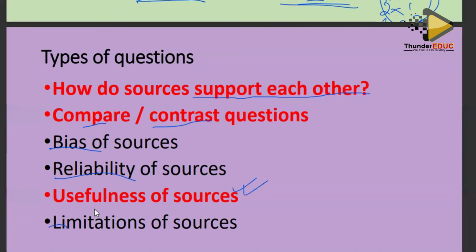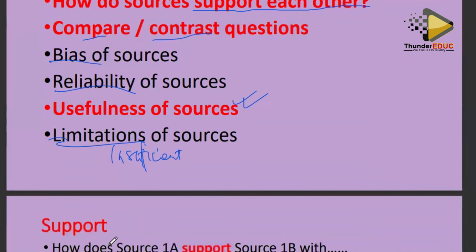When a source is limited, it means it has insufficient information, or it is failing to mention some obvious things that must be mentioned in a particular historical event. Maybe it's grade 12, the origins of the Cold War. The source is talking about the split of Germany into East and West, and it fails to mention who occupied the West and who occupied the East.